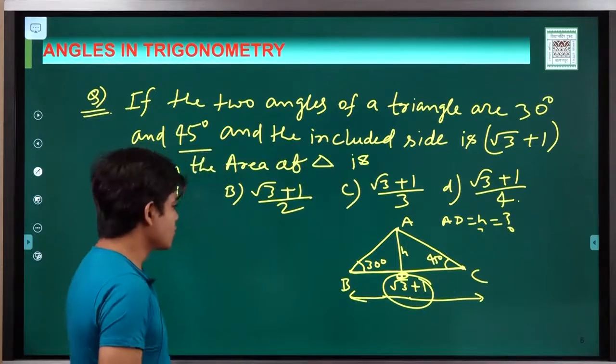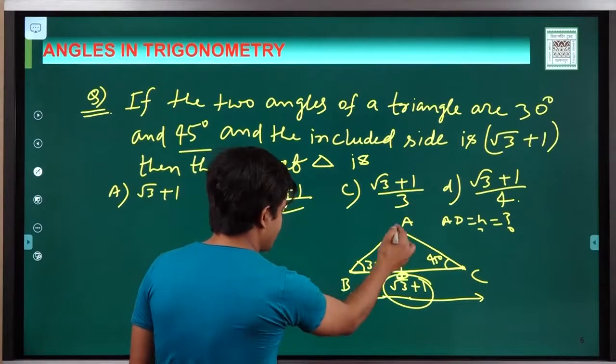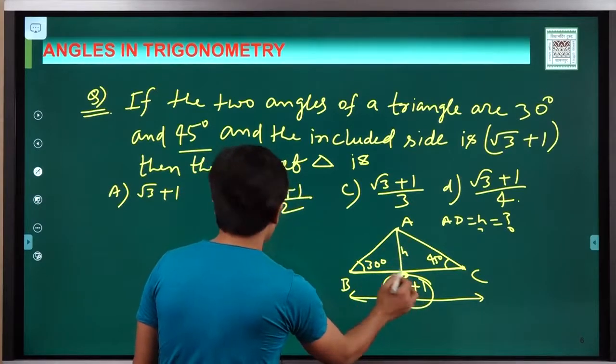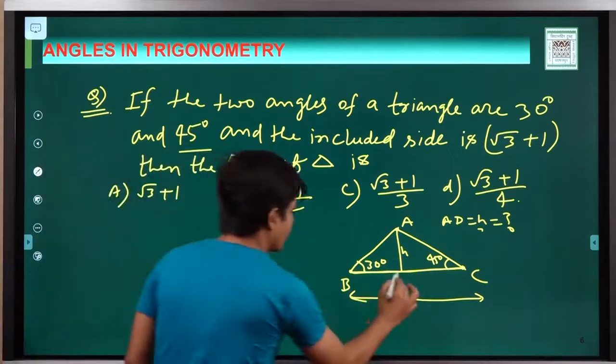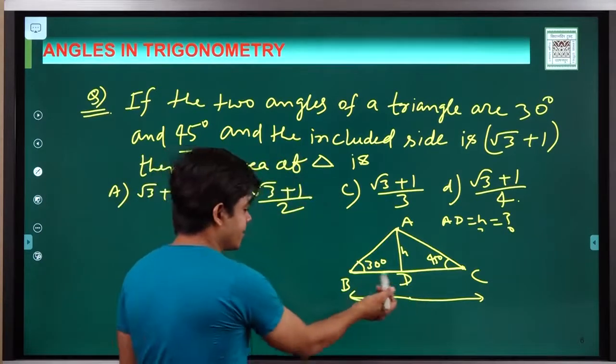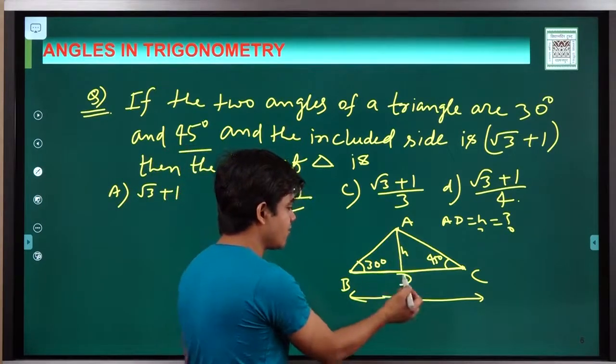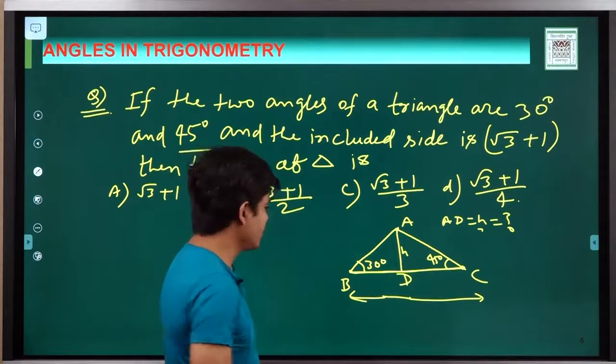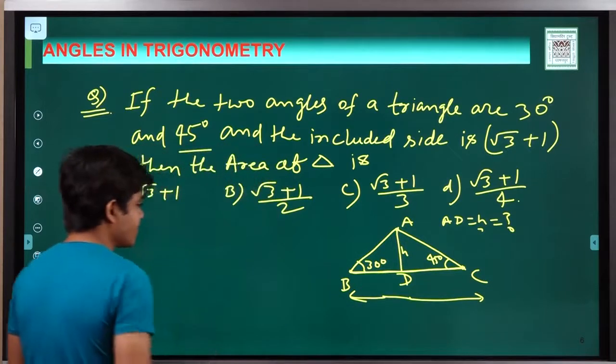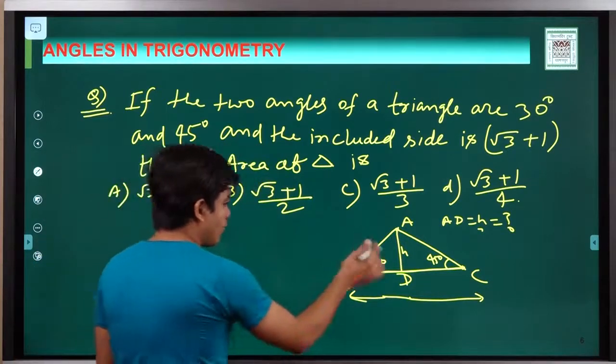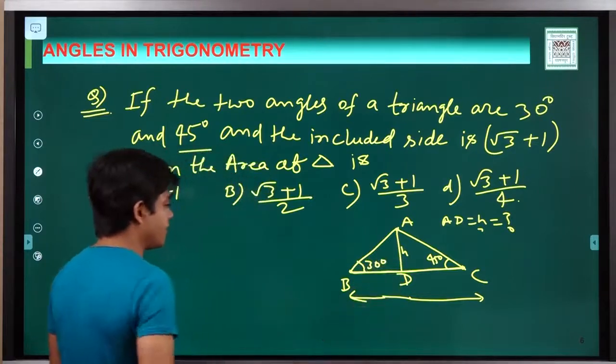So now we have to find this height H, and this is our point D. To find the area of this triangle we need H.